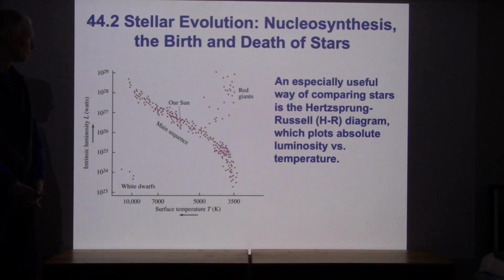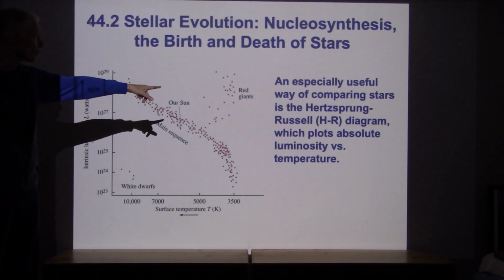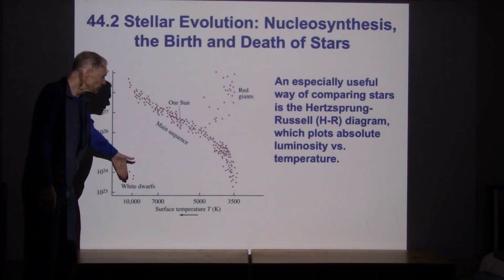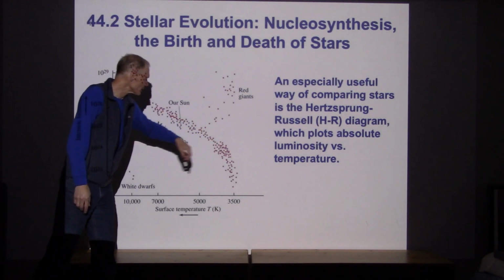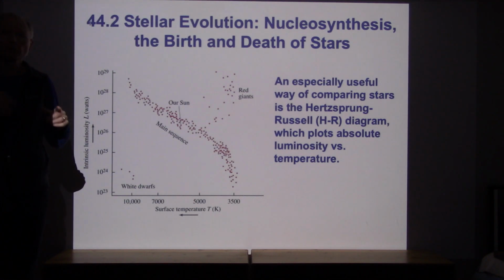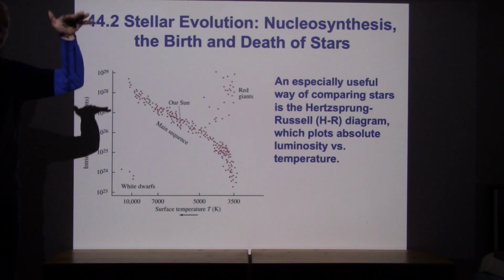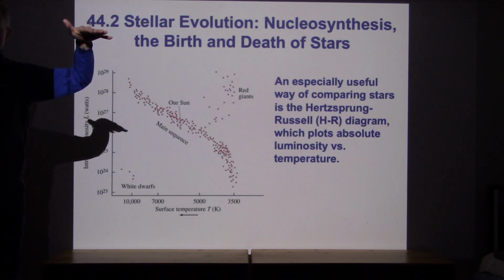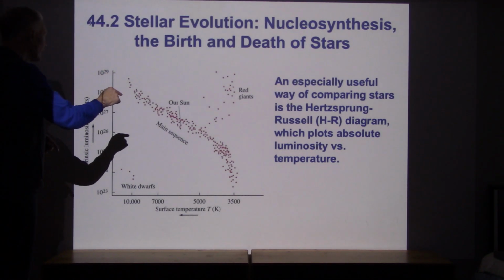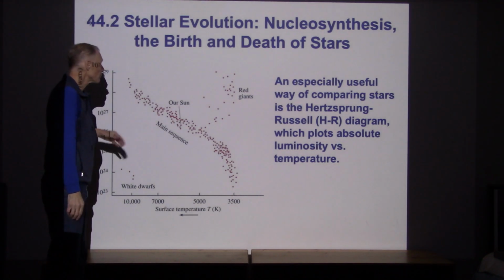But Hertzsprung and Russell chose to have the higher surface temperatures to the left, lower surface temperatures to the right. And so when we do classify, we get our database of star data, and here's this star's luminosity, and here is its surface temperature, and we start plotting that, we end up with a particular pattern.